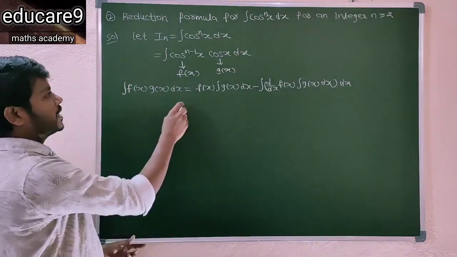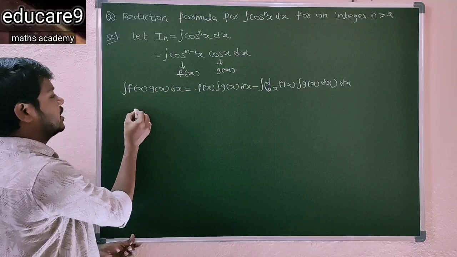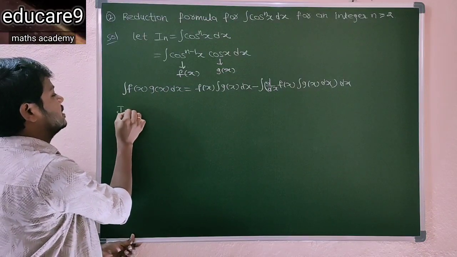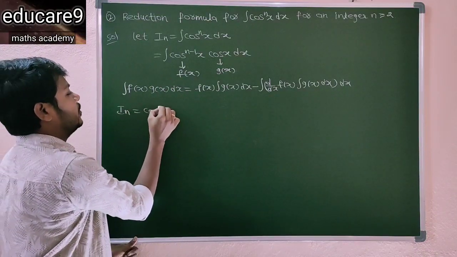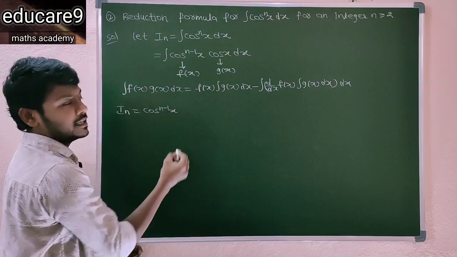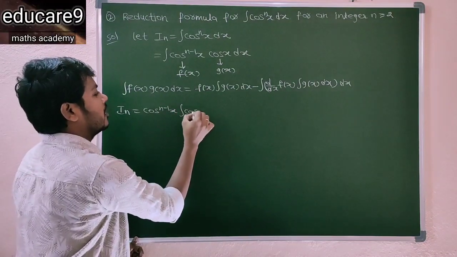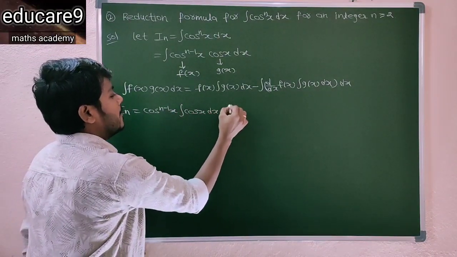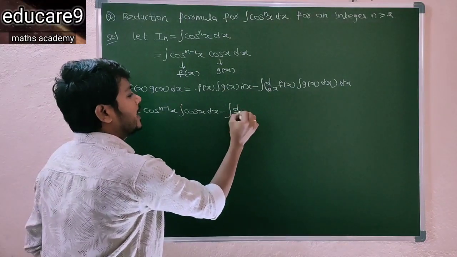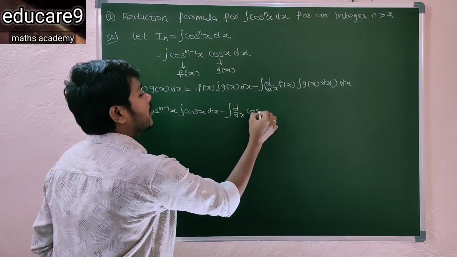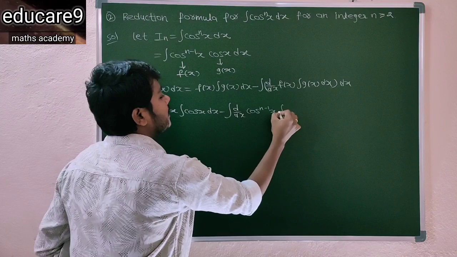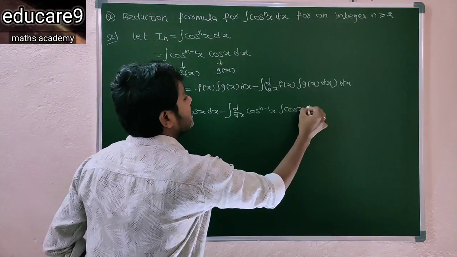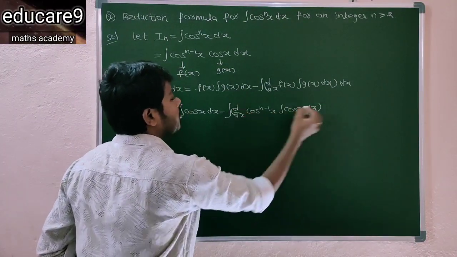So now apply here, what you get? This is the first function. Therefore, In is equal to cos^(n-1) x integration of cos x dx minus integration of d by dx of cos^(n-1) x times integration of cos x dx, whole dx.